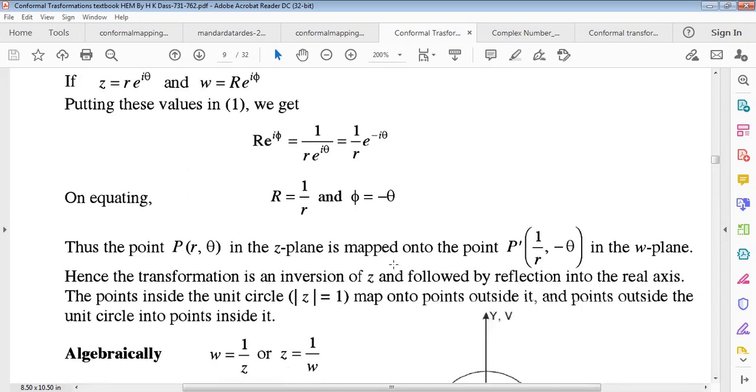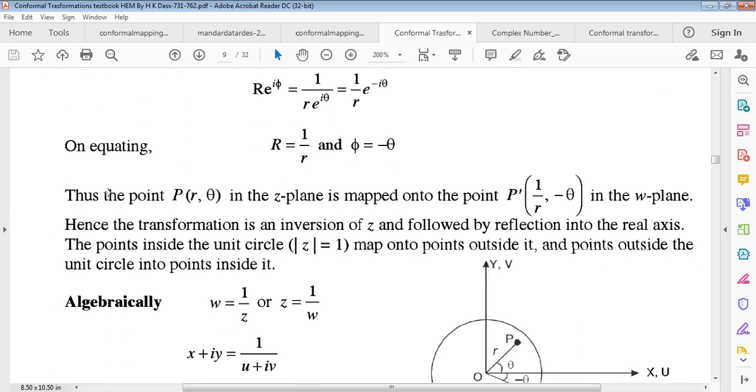That means this will be the reflection. That is, the point in polar form R comma theta, where R is the modulus and theta is the argument, in the Z plane will be mapped to another point P dash, which is 1 by R comma minus theta.